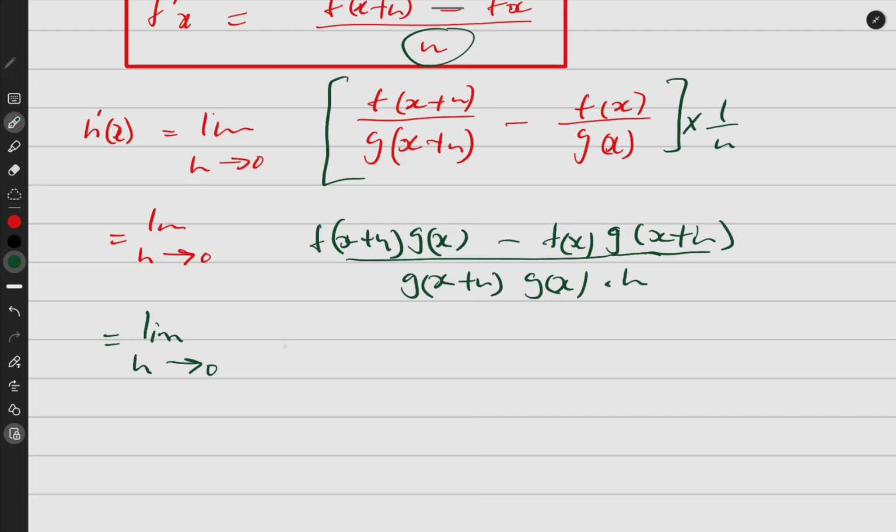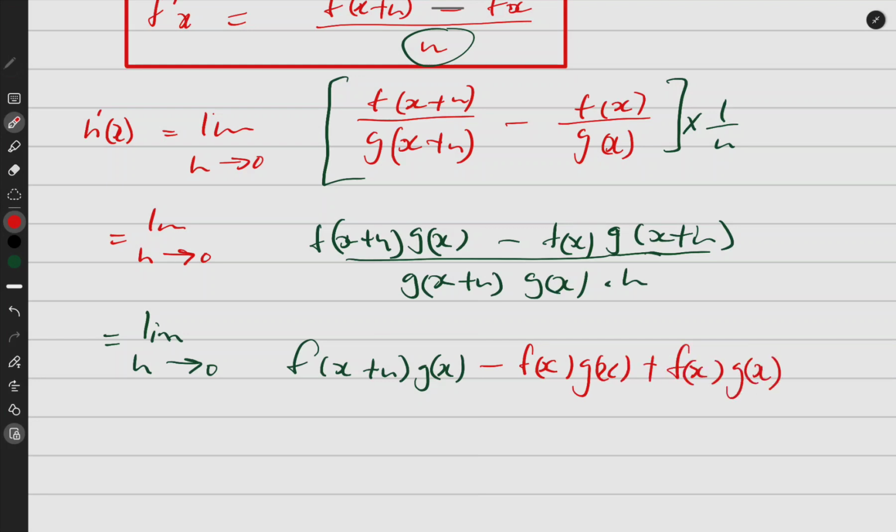This is where we do something clever. I'm just going to copy this, f of x plus h times g of x. We're going to add a term and subtract a term, which is like adding 0. Hope you don't have a problem if I add 0. This is how I'm going to add 0: I add something and remove that, which is equivalent to adding 0.